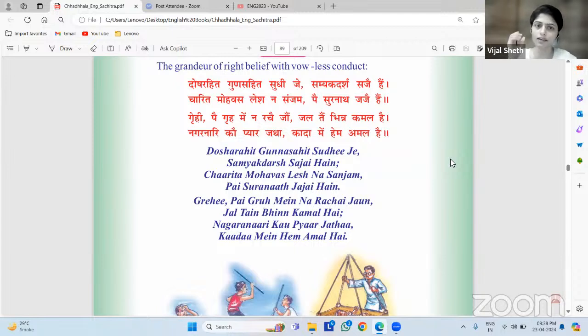So Gehi Pre Graha Mena Rachejo. So how? For the example, they have given three examples. Jalate Bhinna Kamal Hai. The lotus stays in the pond, and yet even a droplet of water does not enter the lotus. We all have learned in science, the waxy coating of the lotus, so the droplets remain distinct from the leaf.